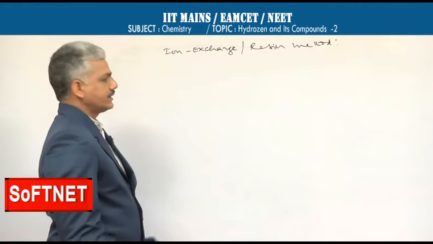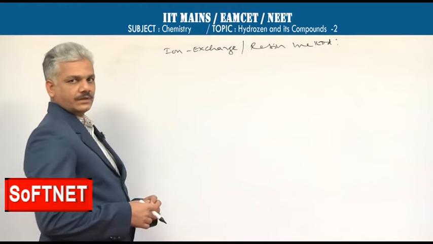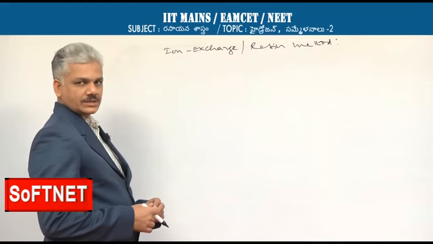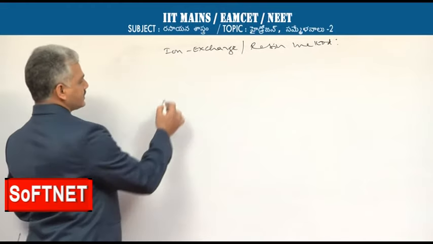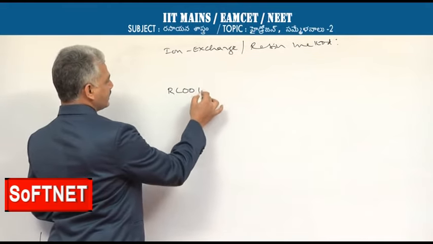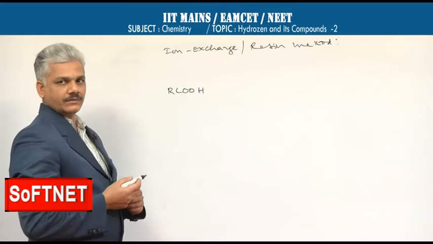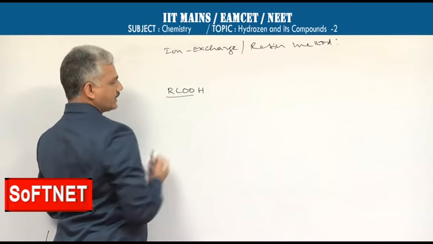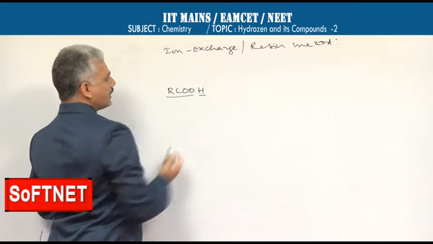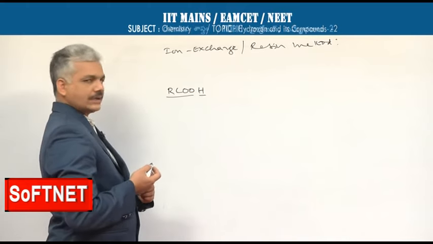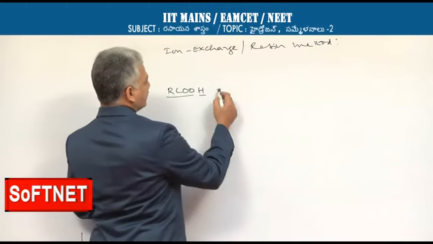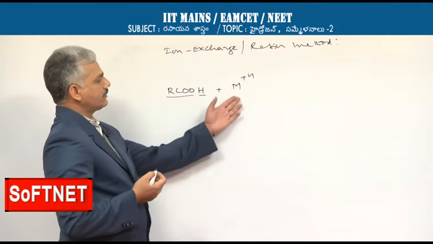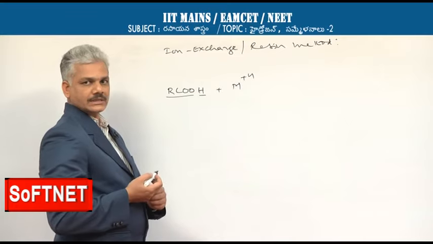So, as we have seen in the diagram, in this method, first the water to be purified is made to pass through the cation exchanger. The cation exchanger consists of acidic resins that can be represented with the general formula RCOOH. In this, the RCOO part is inert in nature, while the H part is mobile in nature. When cations enter the cation exchanger, a general cation can be represented with the formula M plus n.